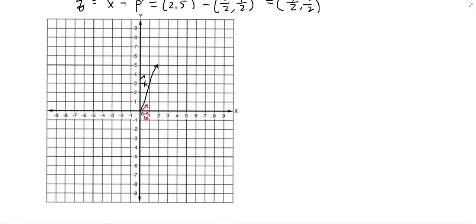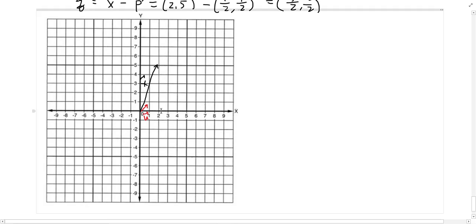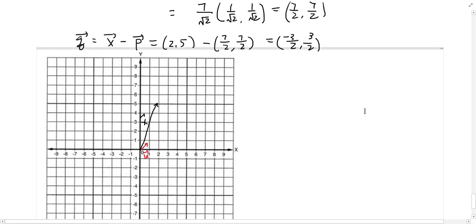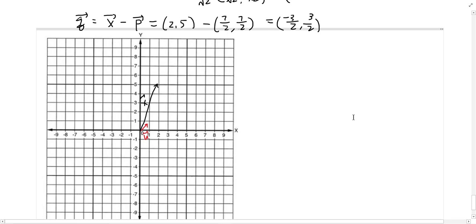The component p goes in the same direction as u, and it goes to the vector (7 over 2, 7 over 2). That is basically this vector that goes all the way to 3.5. That would be my vector p.